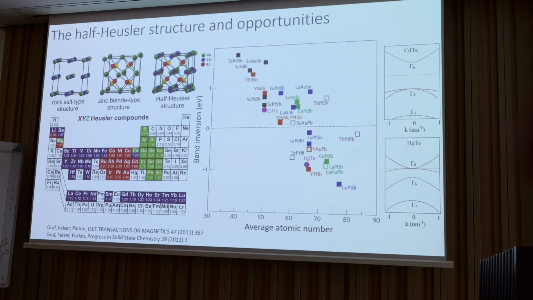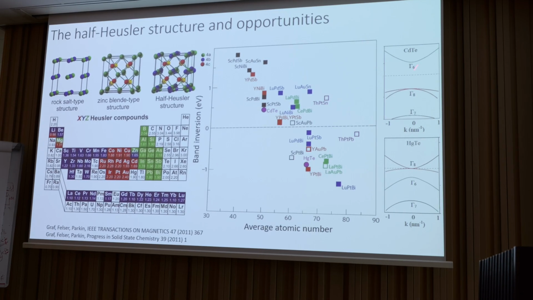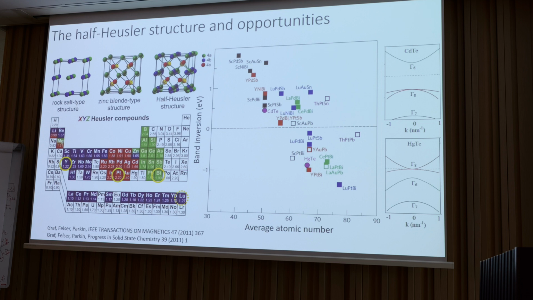As you go to heavier and heavier elements, you eventually find that there is a band inversion that looks a lot like the mercury telluride, cadmium telluride case, so you can also get topological surface states. The materials that I will focus on today are yttrium platinum bismuth, and I will also talk a little bit about data that we have on lutetium platinum bismuth.